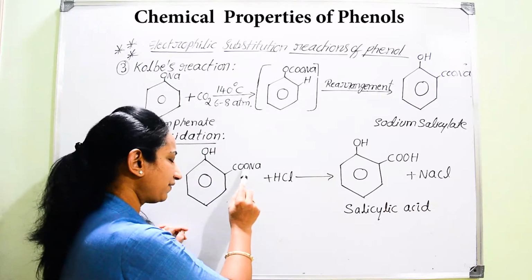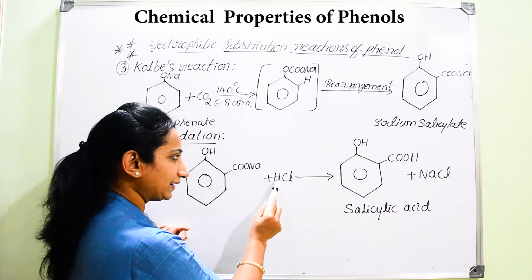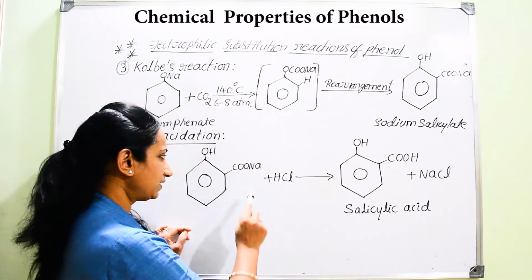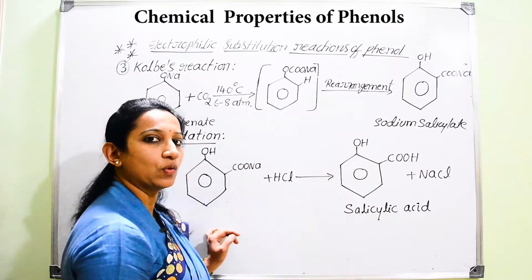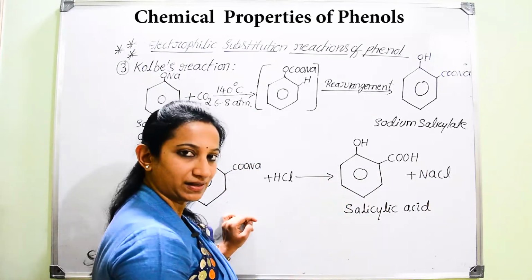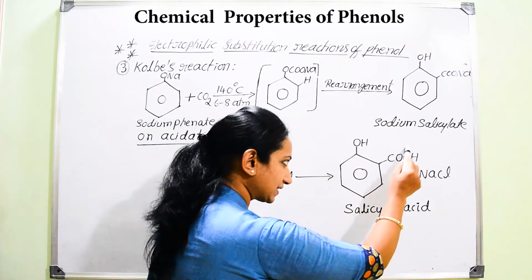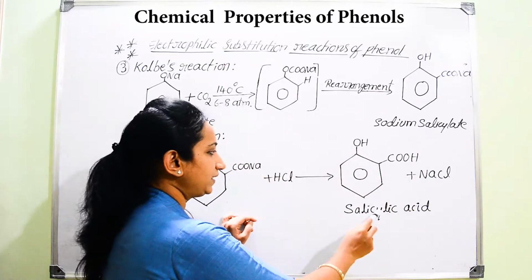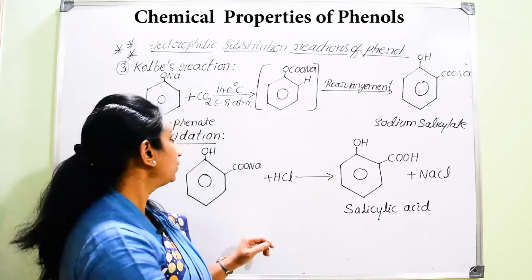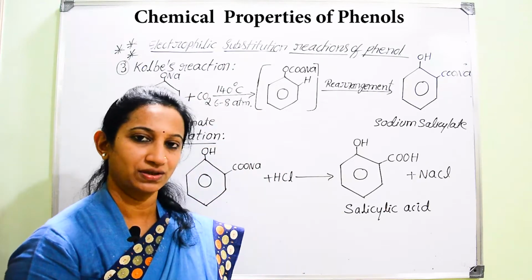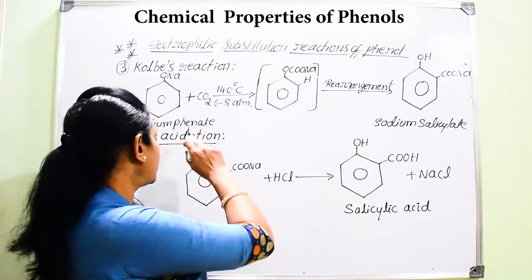Whatever is left over, COO, gets attached with hydrogen. Hence the COONa group converts into COOH. To the benzene ring, if there is attachment of both an OH group as well as a carboxyl group, it is called salicylic acid. That is how in Kolbe's reaction you get conversion of sodium phenate into salicylic acid.